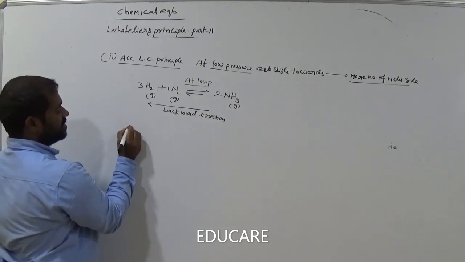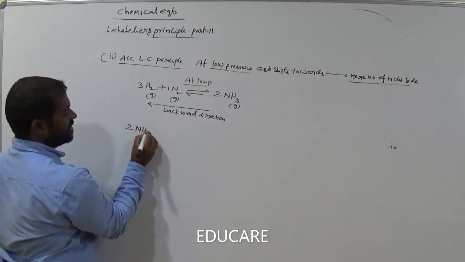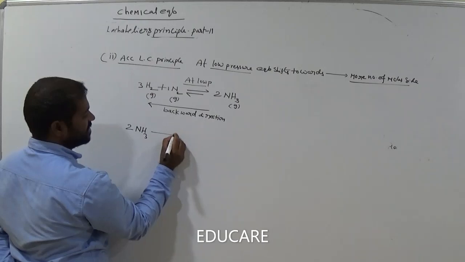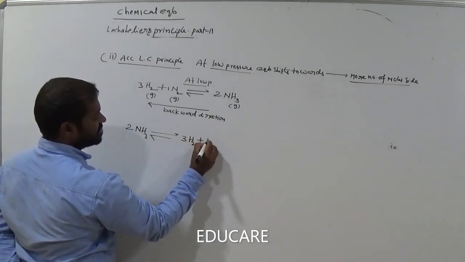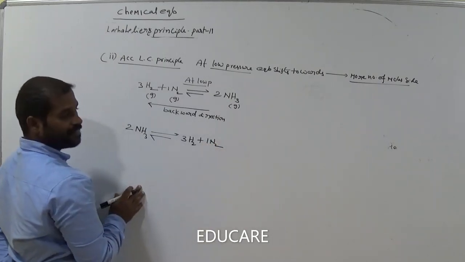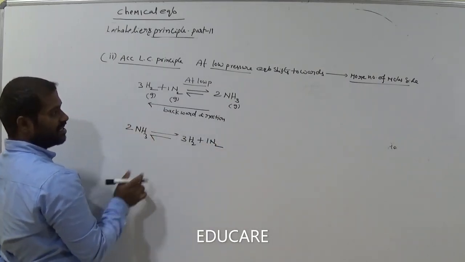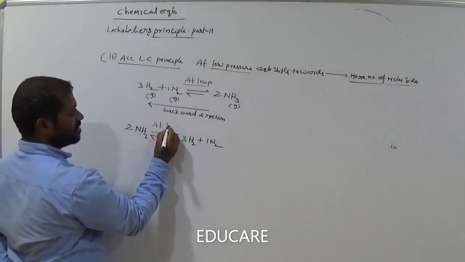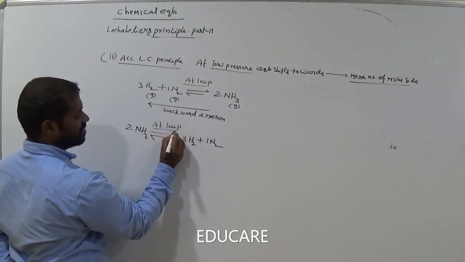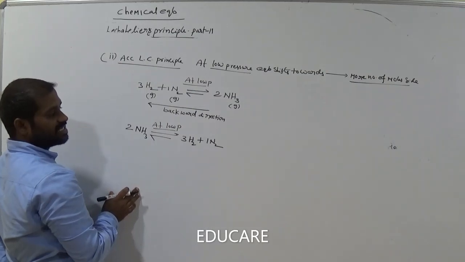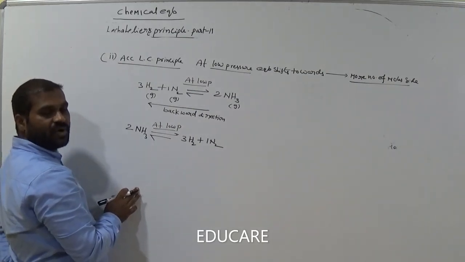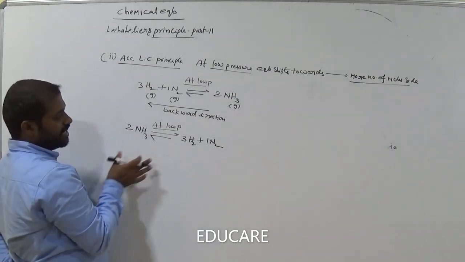Next, for the reverse reaction, 2 moles of NH3 gives rise reversibly to 3 of H2 plus 1 of N2, am I right? This is the reversible reaction. Now apply low pressure here. According to the statement, when pressure is low, the chemical equilibrium shifts towards the more number of moles side.